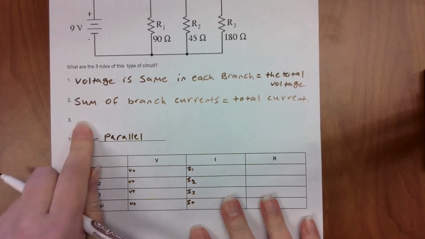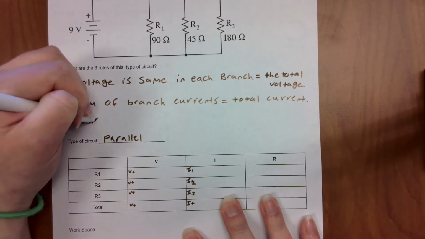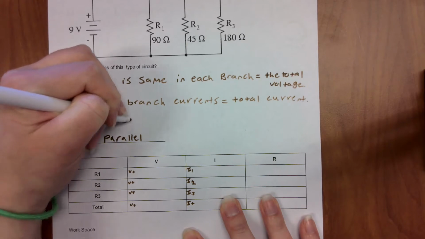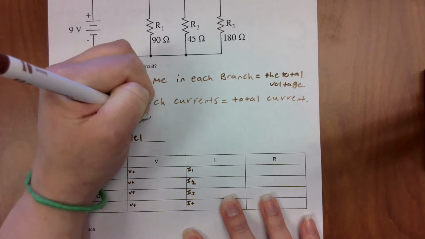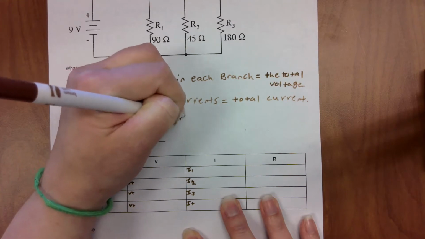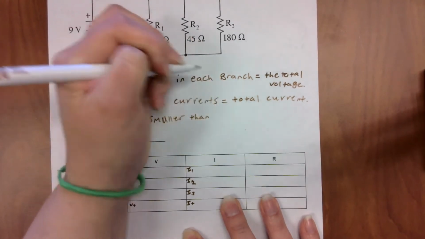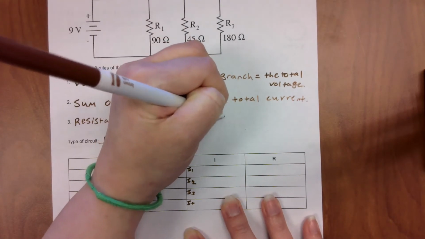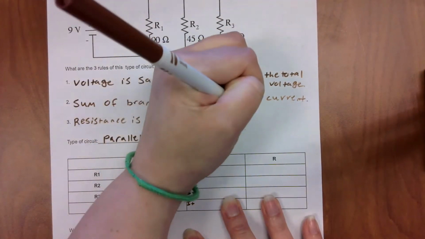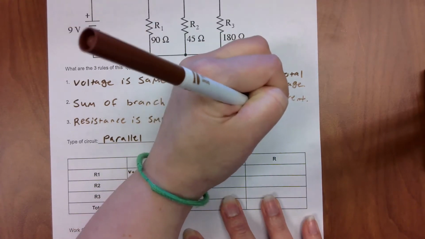And lastly, our third rule is that resistance is smaller than each individual resistor, not like a sum, and instead follows an equation.